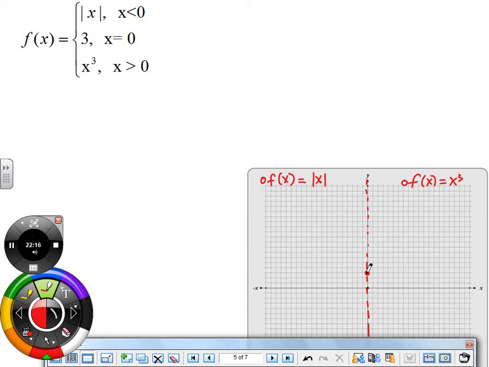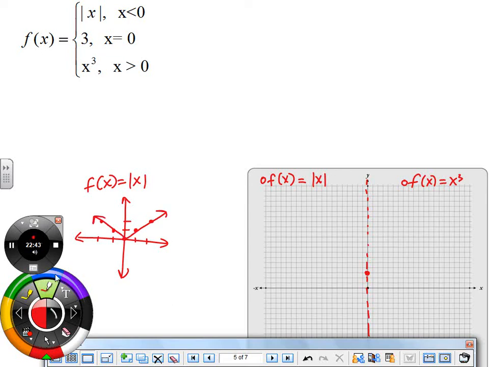All right, so again, we have to get the left side and the right side. So on the left side, our absolute value function, what does an absolute value function look like? So I heard 2 answers. Okay, it looks like a V. And this one is the parent function. It hasn't been changed at all, so you should know. It has a vertex at 0, 0, points at 1, 1, 2, 2, okay, and it looks like this.